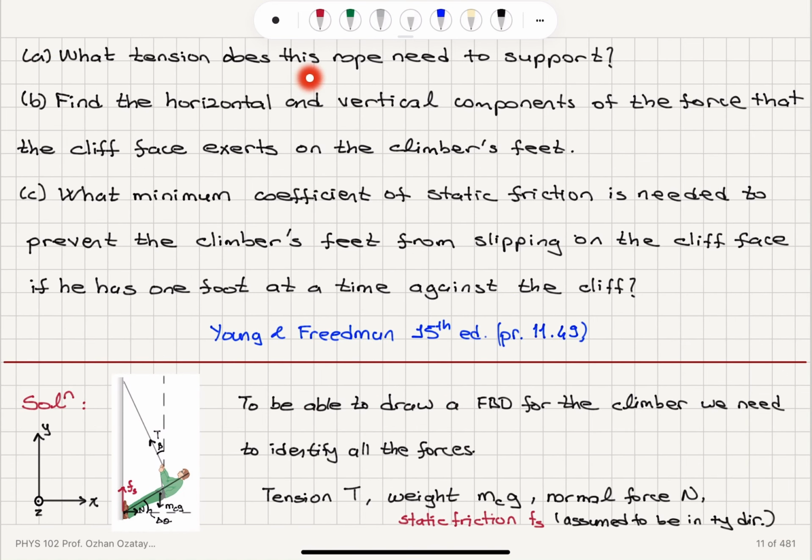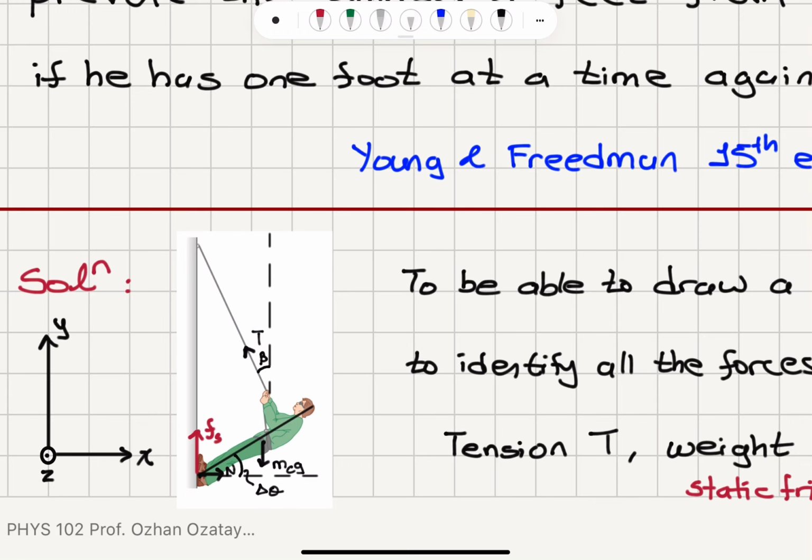Now, if I look at the forces acting on the climber, there is the tension making an angle beta with respect to the vertical axis. There is the weight mg. There is the normal force applied by the cliff face, and there is a static friction which avoids the slipping of the climber.